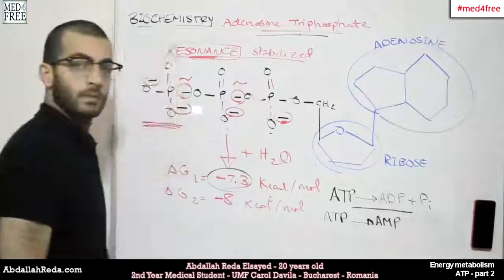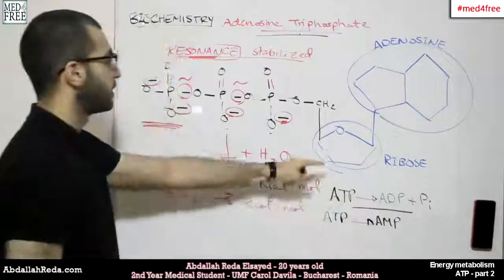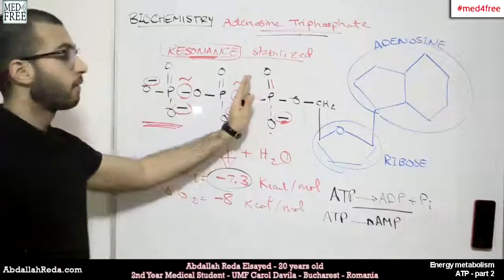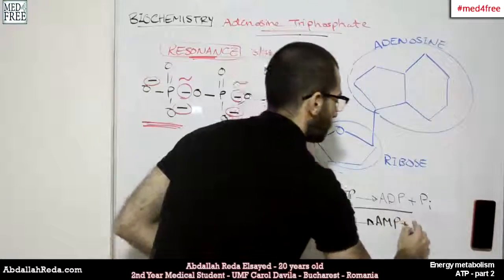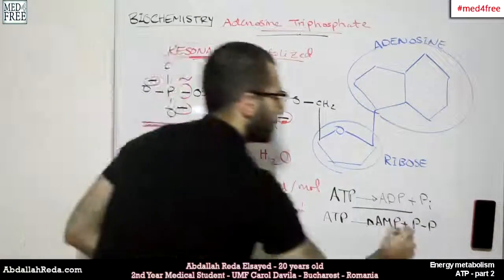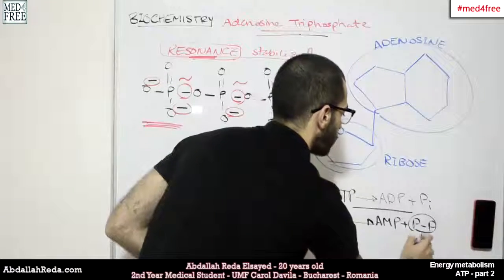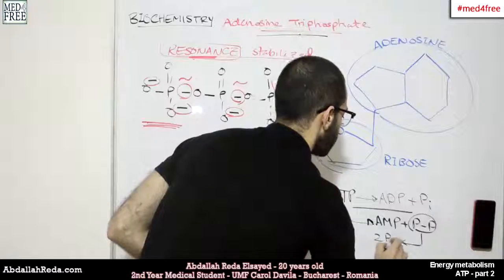AMP, AMP is adenosine monophosphate plus two phosphorus groups bound to each other. These two phosphorus groups bound to each other will break down in order to give two Pis.